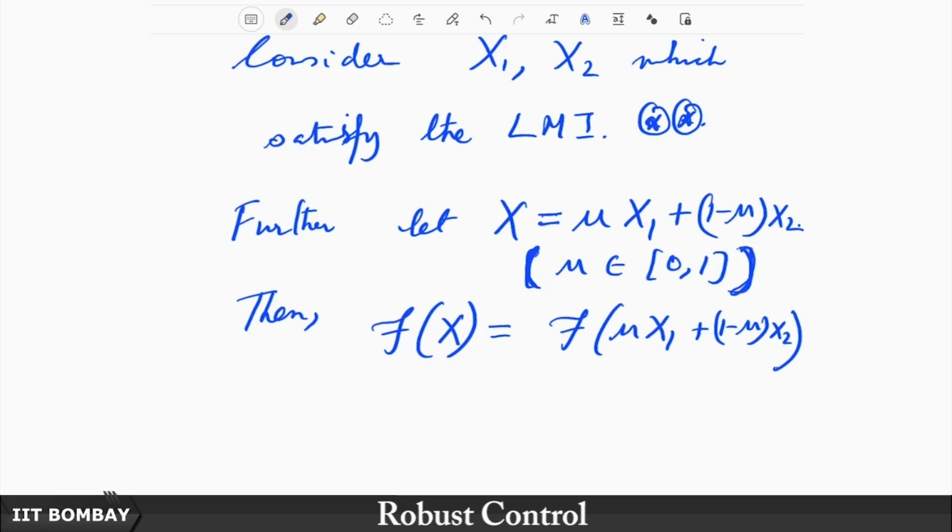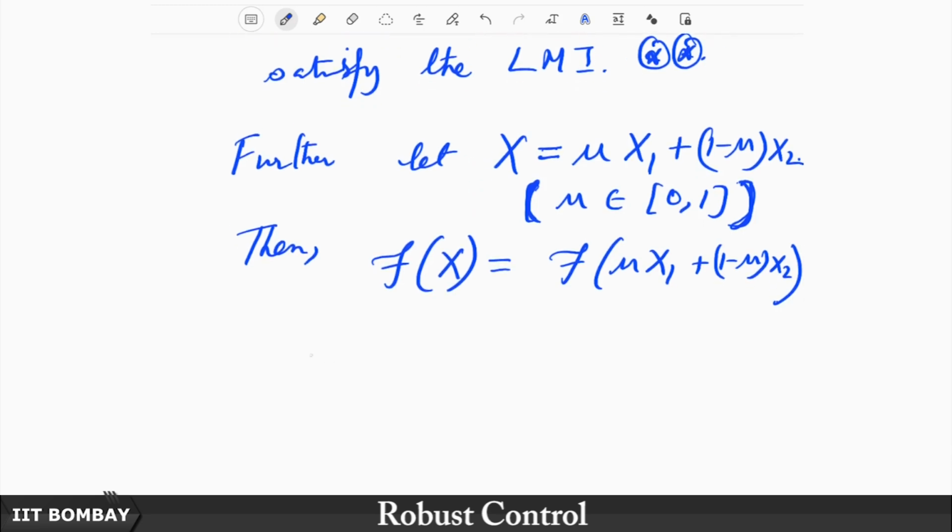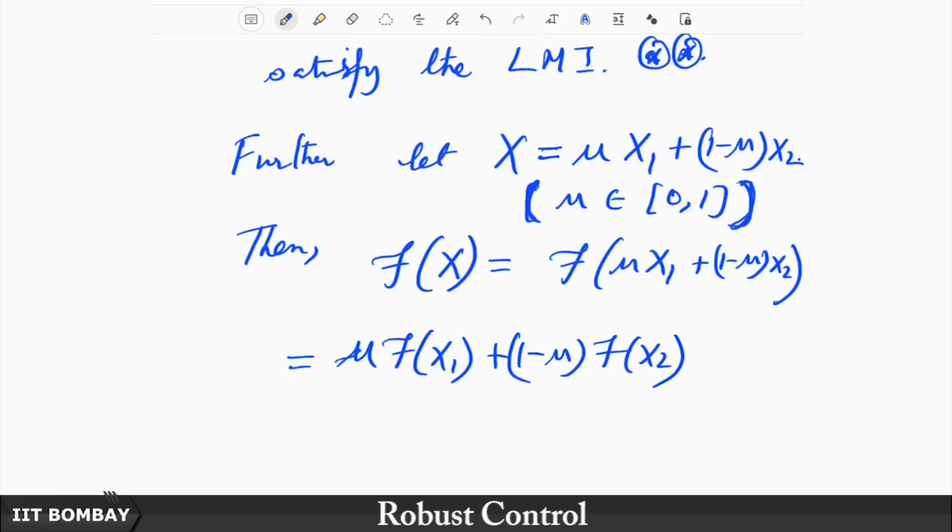So, mu is a real number between 0 and 1. So, what I am saying is basically, in other words, that this x is a linear combination of x1 and x2, right. Then what can I write this as? This I can further write as mu times f of x1 plus 1 minus mu times f of x2.